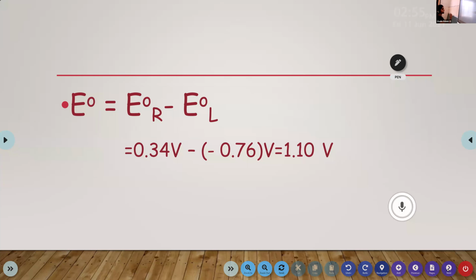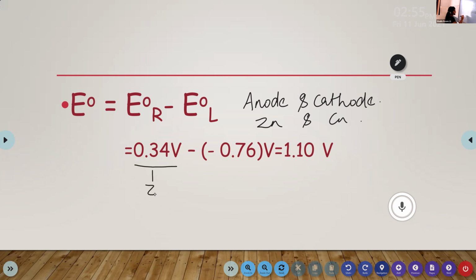So using these two, that means the electrode potentials of anode and cathode, in the case of the galvanic cell, zinc and copper, we can now find the cell potential of the galvanic cell. Its value is 0.34 volt for copper and this one for zinc.